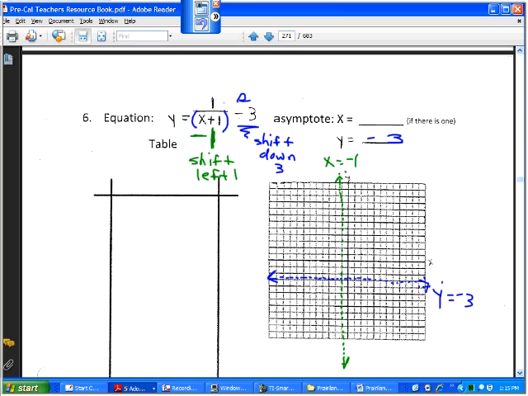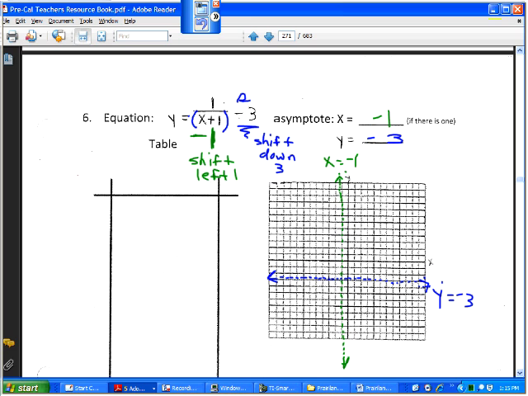So my vertical asymptote is x equals negative 1, and my horizontal asymptote is y equals negative 3. So we know our curves are going to bend in quadrants 1 and 3 there, unless that 1 up there was negative, and then it would do some reflecting. But it's still positive, so we're still going to end up in quadrant 1 and 3.